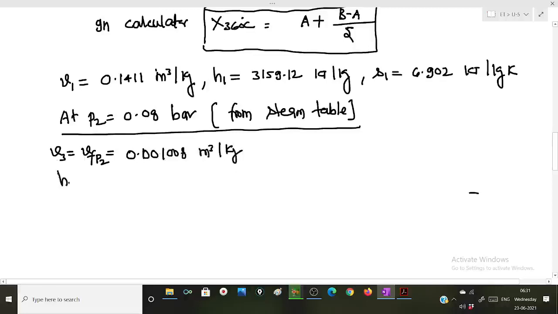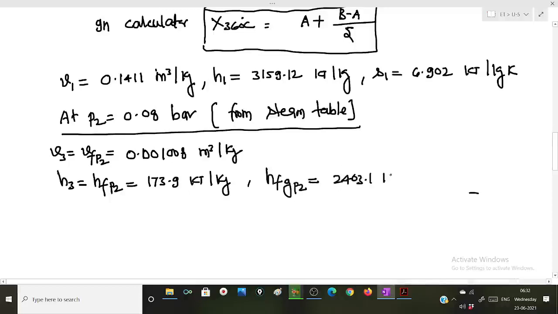Then the h3 value is nothing but the enthalpy of saturated liquid at pressure 0.08 bar. This value is 173.9 kilojoule per kg. Similarly, the hfg value at pressure P2 is 2403.1 kilojoule per kg. All these values are from the steam table.